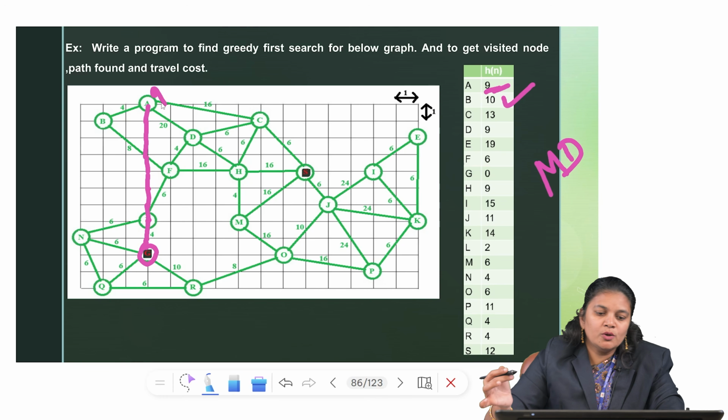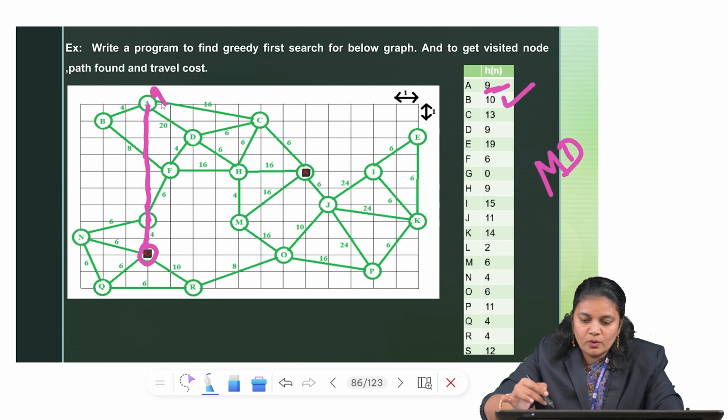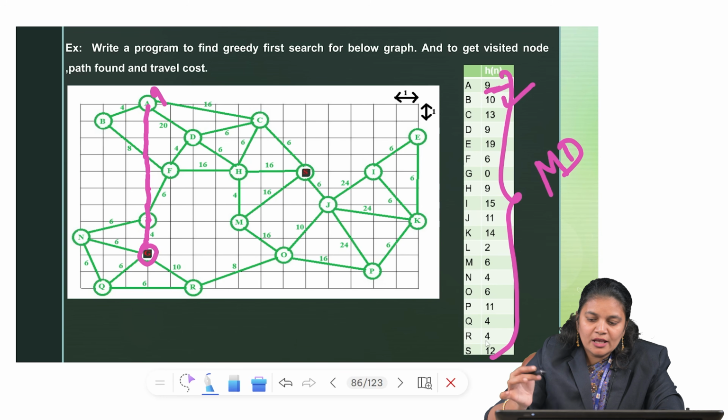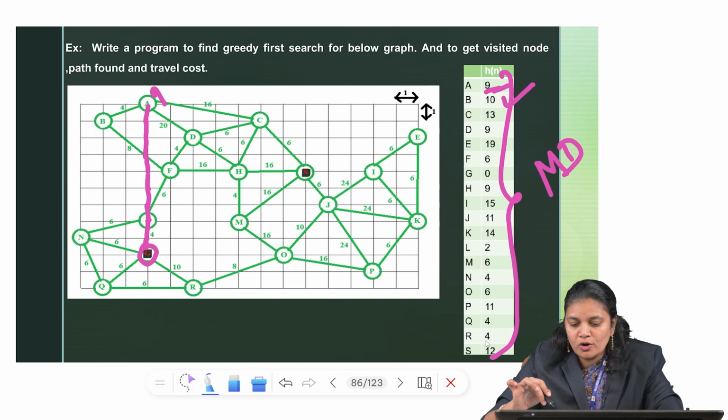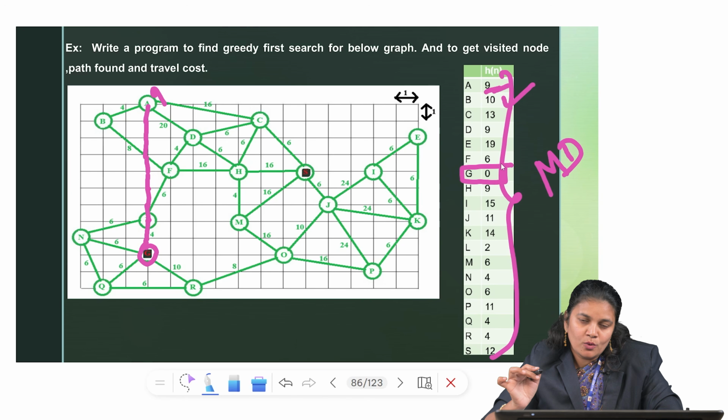That's how the heuristic value of A is 9. Similarly, you can calculate the heuristic values of all the nodes. We have to note one point here: the heuristic value of G is 0 because G to G is 0. So these heuristic values we are going to use when we are applying the heuristic function in our graph.